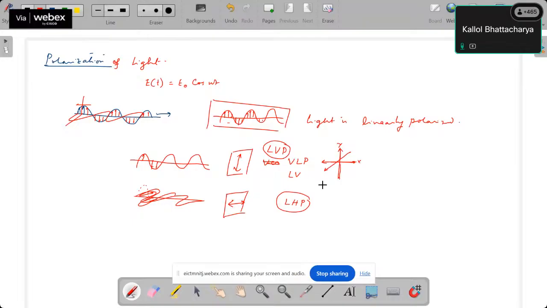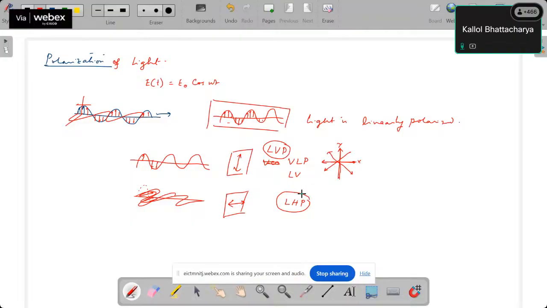Okay, it can be minus 45-degree polarization. It can have any direction. The electric vector is moving in one plane, but that plane makes an angle with, let's say, the reference horizontal plane. Okay, so this is linearly polarized light.